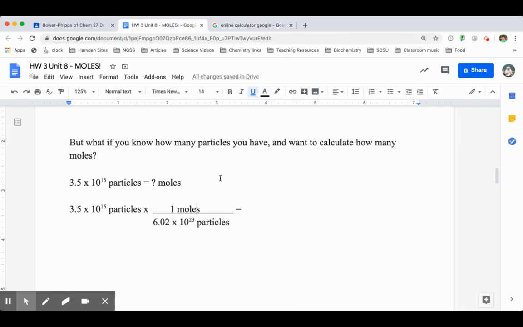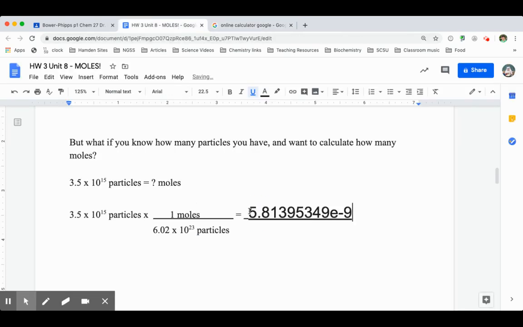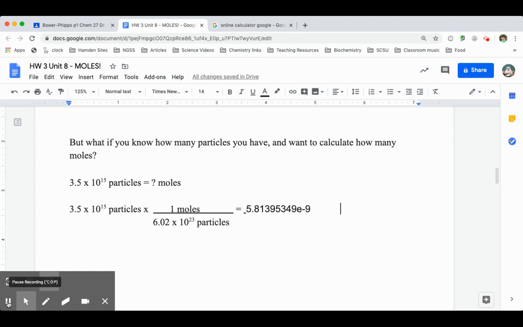This is a smaller number. I'm going to round this also. I'm rounding this to 5.8 times 10 to the minus 9th. And my units are moles.